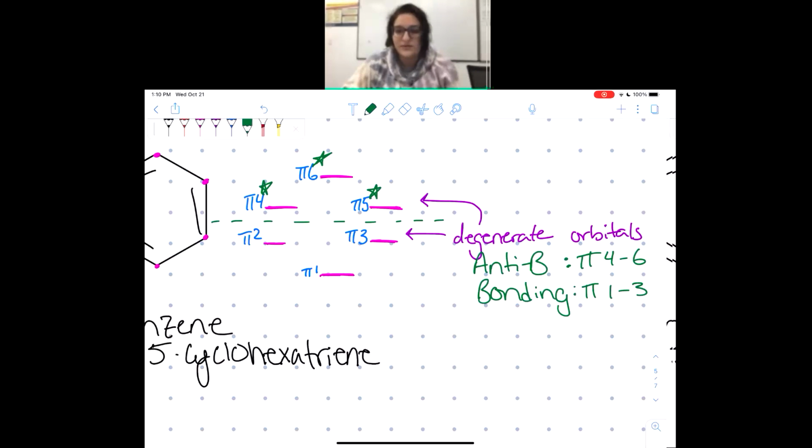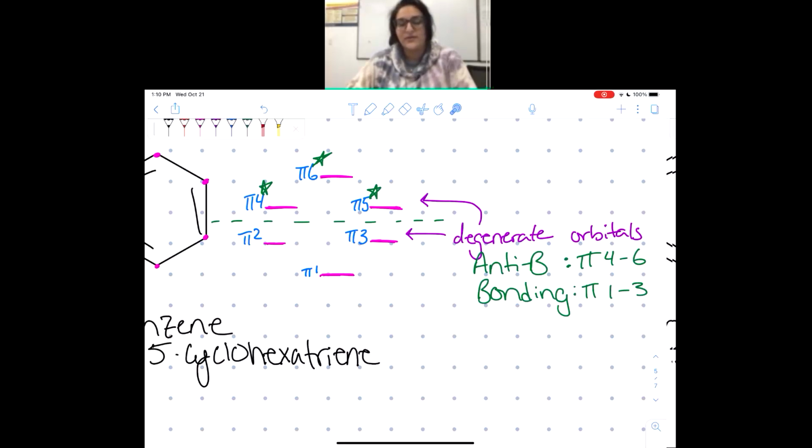So why were pi 1, 2, and 3 bonding? And we can say again, the easiest way to do it is just to cut your diagram in half, and everything below the line will be bonding, and anything above the line will be anti-bonding. But the more scientific explanation has to do with the stability of the orbitals.